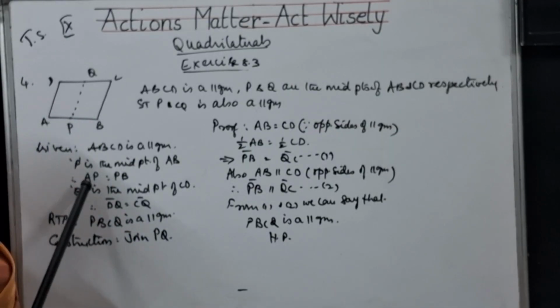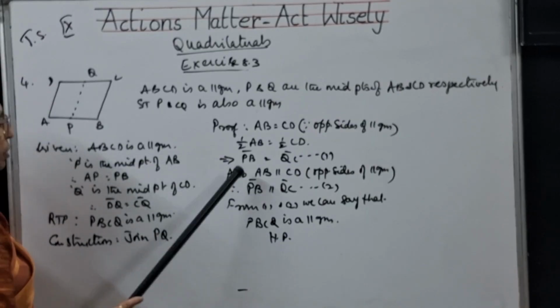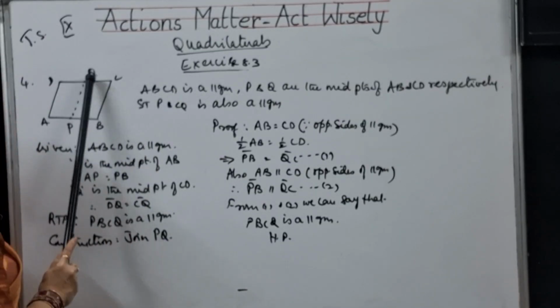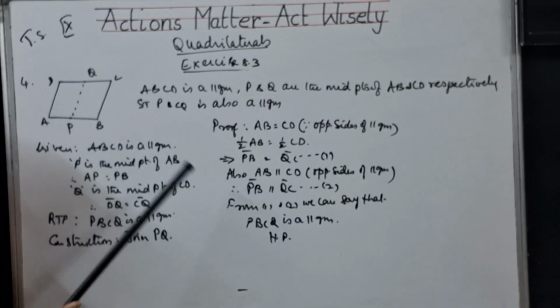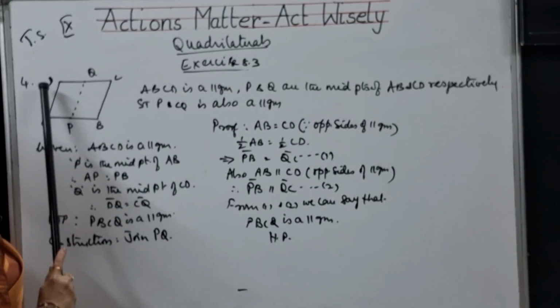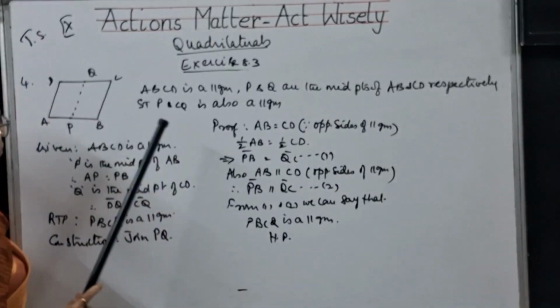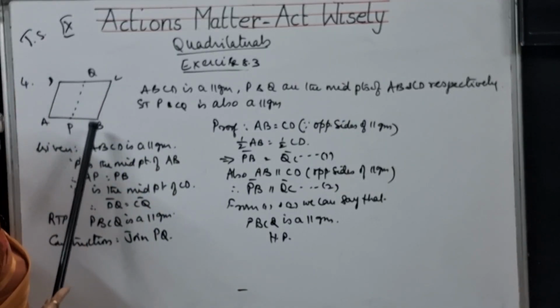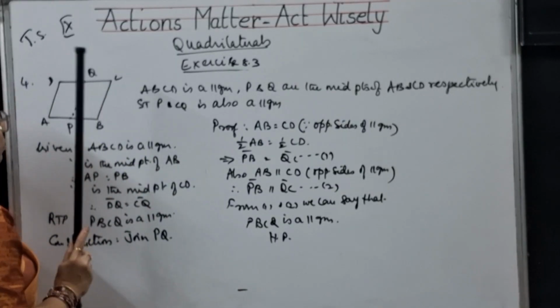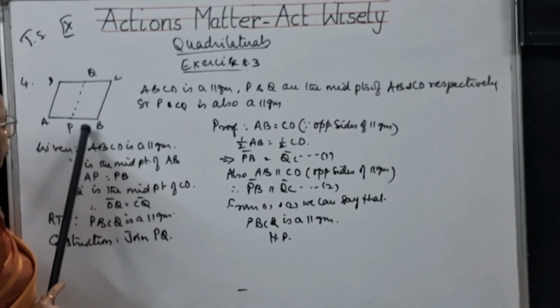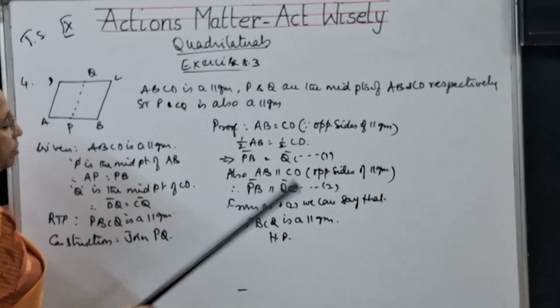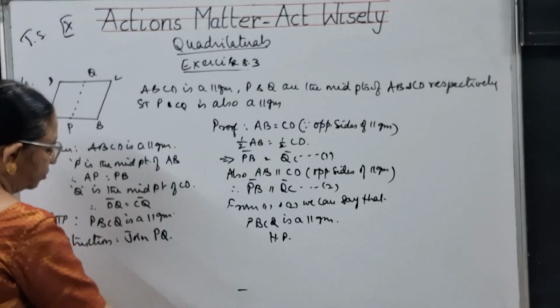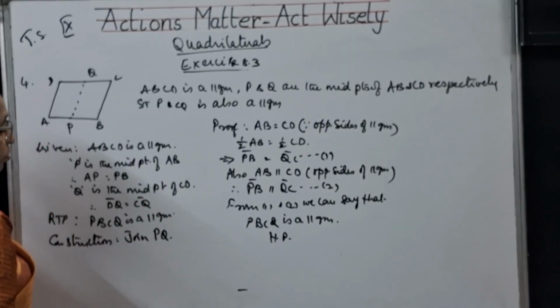When AP is equal to PB, PB will be half of AB. Similarly, QC is also half of CD. They are equal. And also AB is parallel to CD, opposite sides of a parallelogram. When AB is parallel to CD, definitely PB will be parallel to QC because these are only a part of AB. So opposite sides are equal, opposite sides are parallel. So PBCQ is a parallelogram. Please note it down.